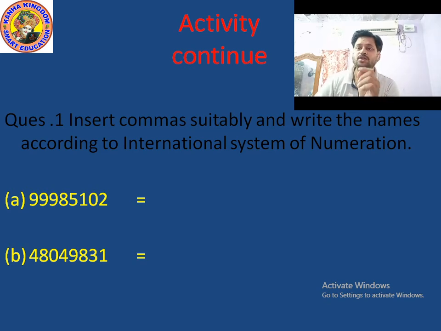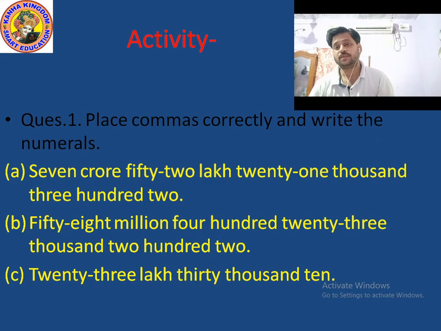This you have to do at your home. Now this is again an activity time, and in this activity the question is in words, and you convert these words into numbers.